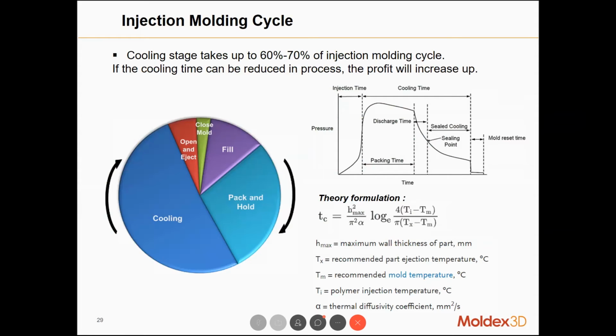So if you are a factory manager, you will try to save the cooling time to increase your production yield. And here shows you a series of formulas to calculate the cooling time before the injection molding process. And I must say it's not 100% precise, but it can give you a number to predict the potential situation in the future.